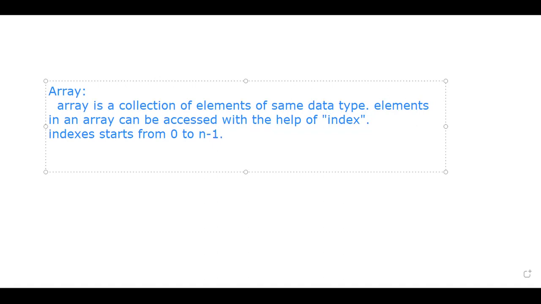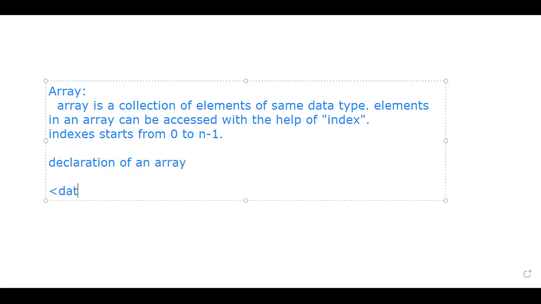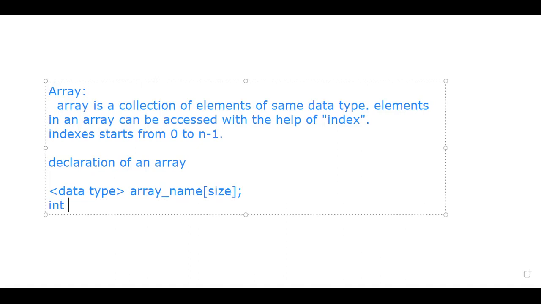So how to declare an array? Declaration of an array: data type, array name, and size. Example, int a of 10.